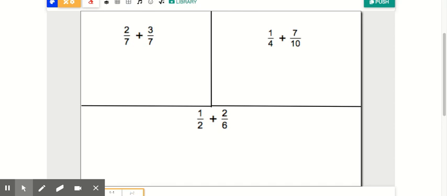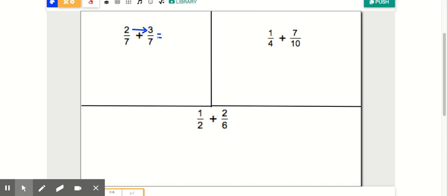The first one up here, 2/7 plus 3/7. Whenever we add or subtract, we need to make sure we have the same denominator. In this case, we do have the same denominator. So all I have to do is add straight across and keep the denominator. Okay?